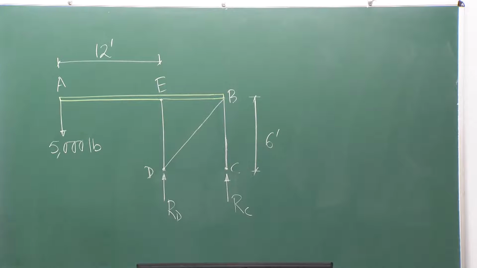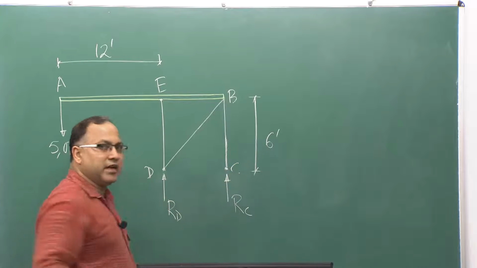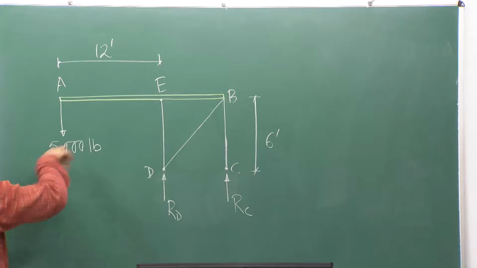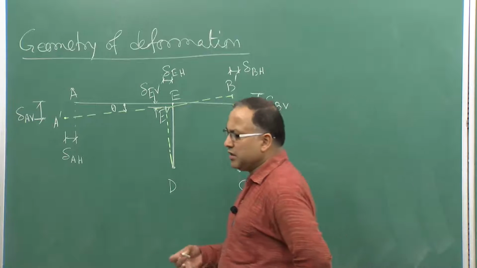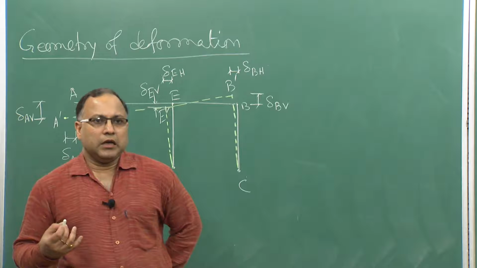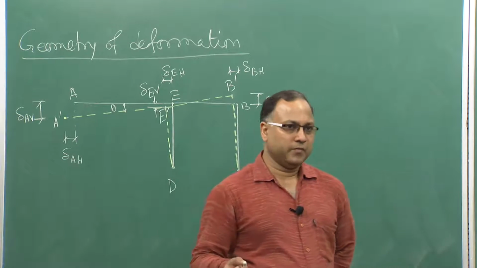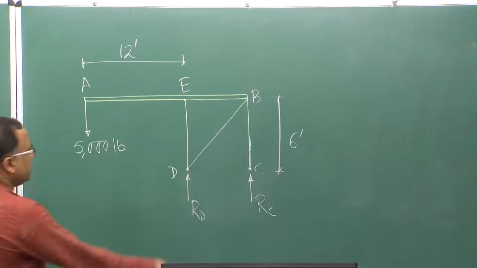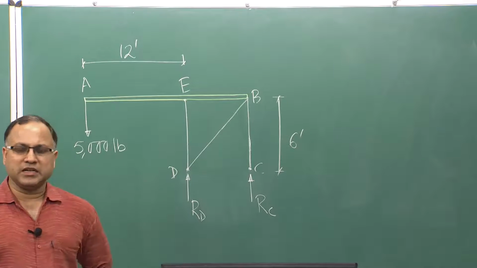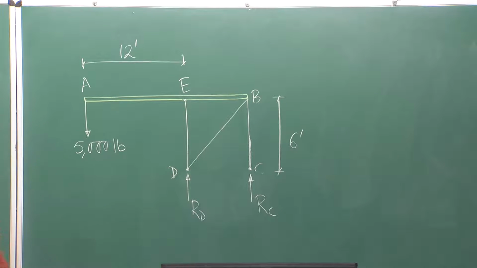There is no horizontal reaction at C to take care of that, and there is no externally applied horizontal force also. So, if there is no horizontal force in the system, you do not expect some horizontal reaction to be developed. Therefore, at D also you will be having only the vertical reaction. Fine. So, with this system we can solve for the unknown reactions.